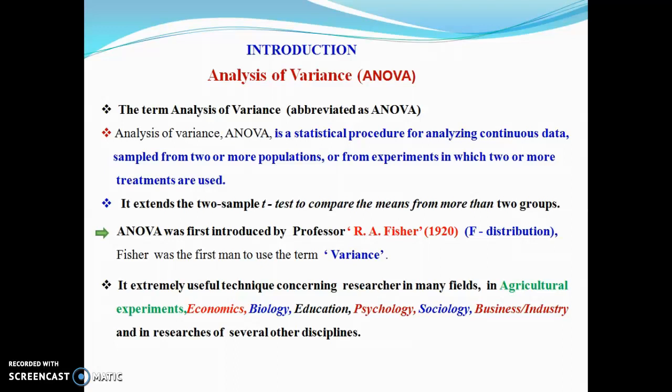What is the objective of this ANOVA? To test on the basis of sample observations whether the means of 3 or more populations are equal or not.